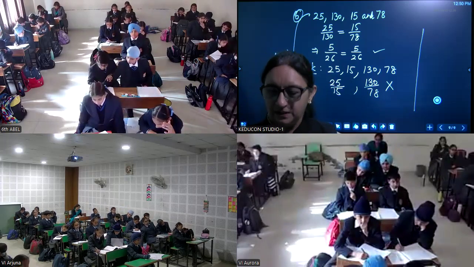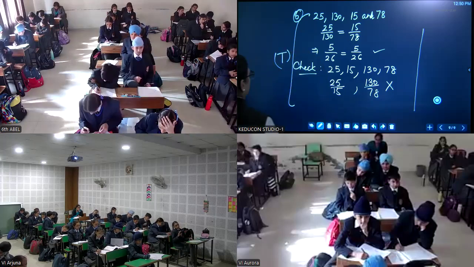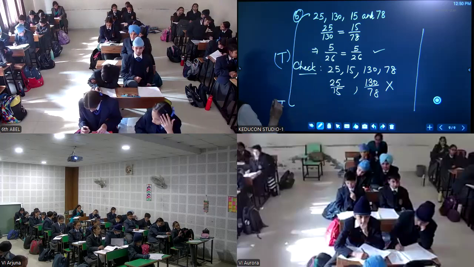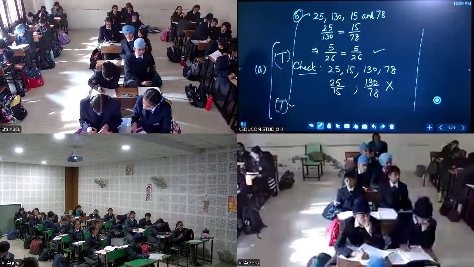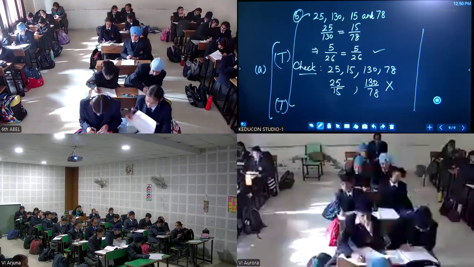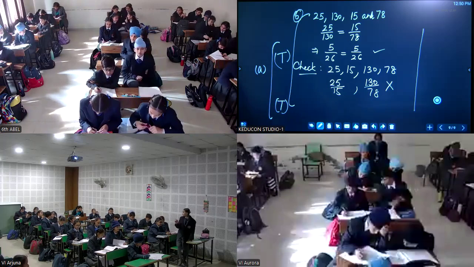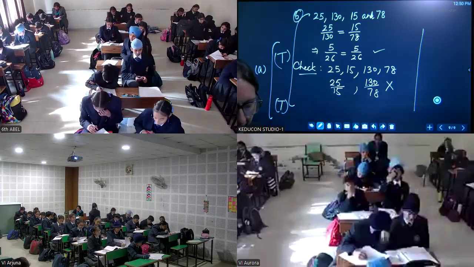So that's why this is also true. So this option is both are true. Option will be A. Okay. Your concept is clear, beta. You have understood in sentence form how to do it.